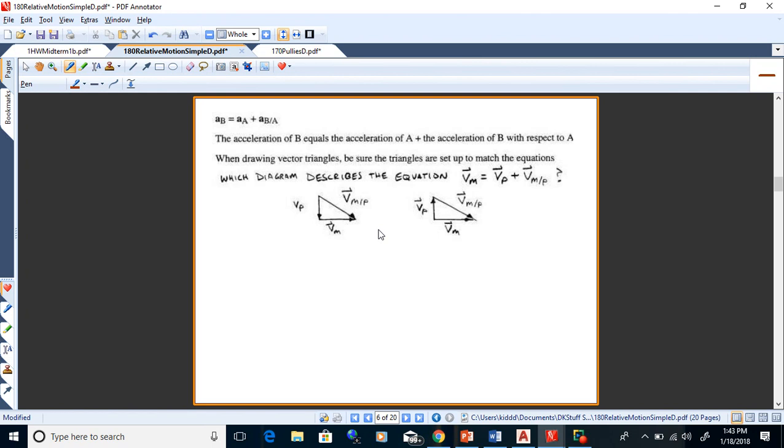I also could just look at the overall equation and say, okay, here's Vm. How do I get that same relative motion? Well, I can go up and then down left, and that'll get it, see? So it is the one on the right. So we just want to be sure that we know how to set these things up, okay?